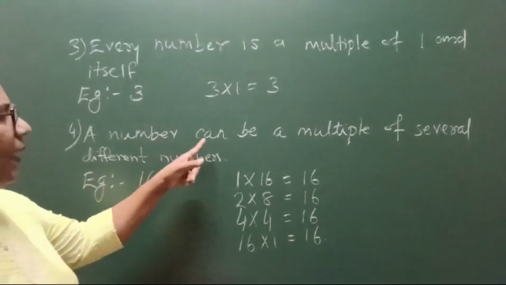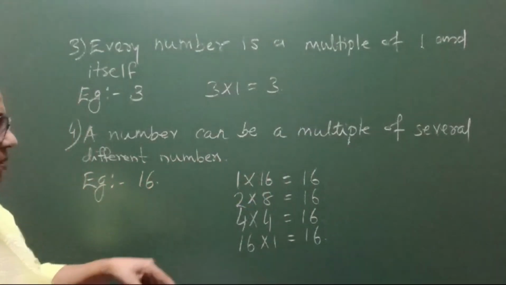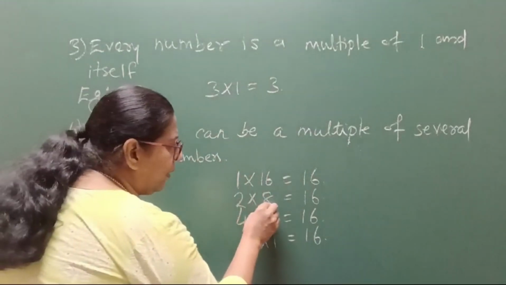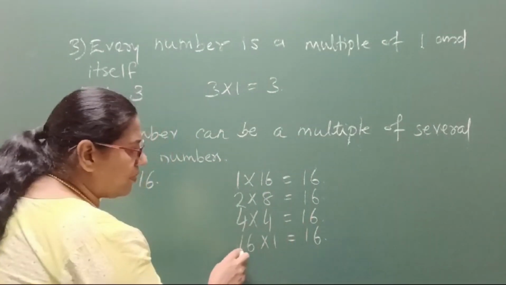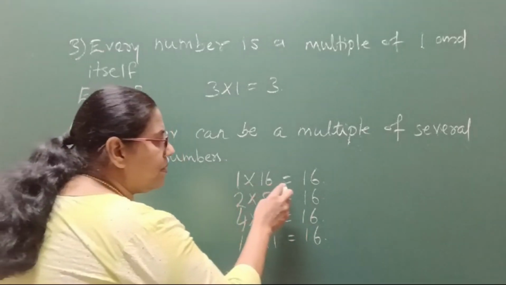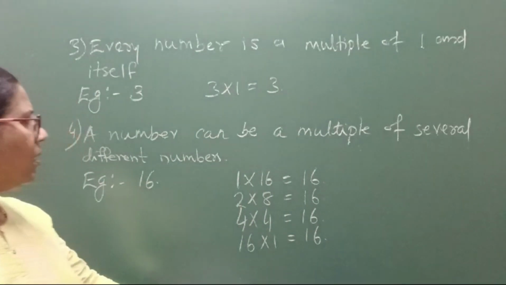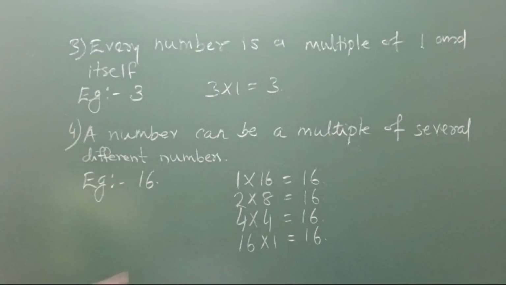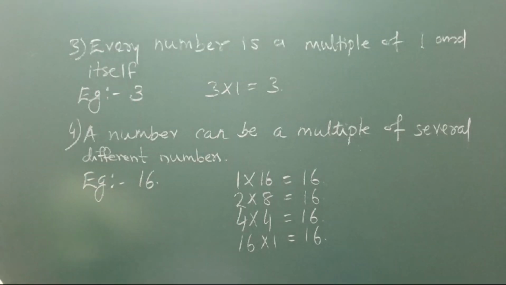So 2 8s are 16, 4 4s are 16, 16 1s are 16, 1 16 is also 16. So that is what it means to be a multiple of several different numbers. So these are the properties of multiples.